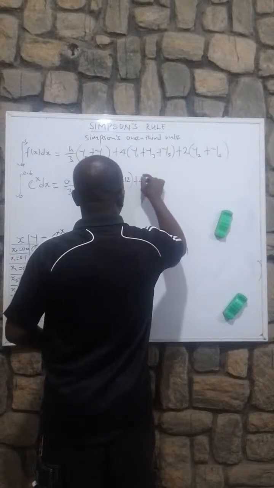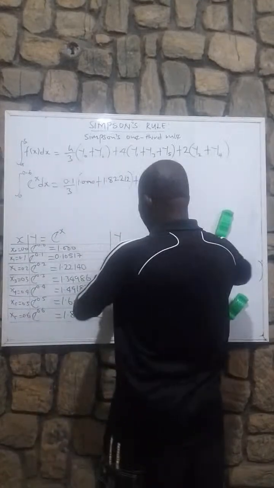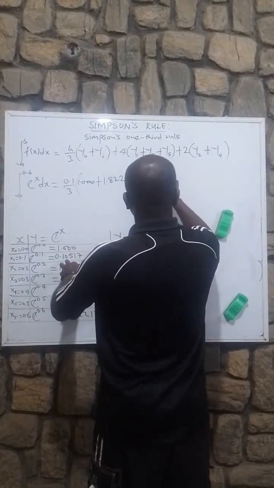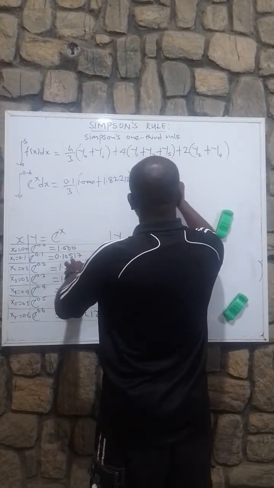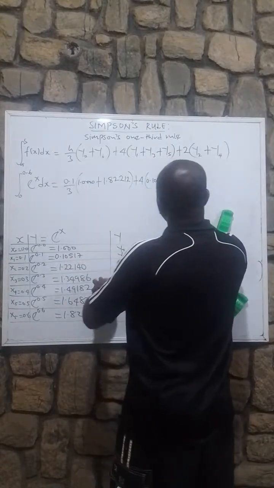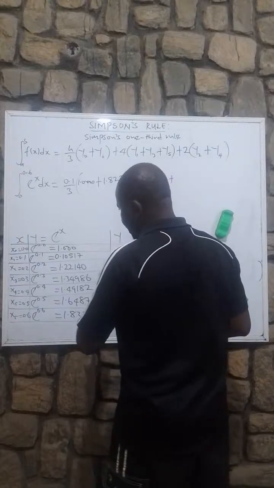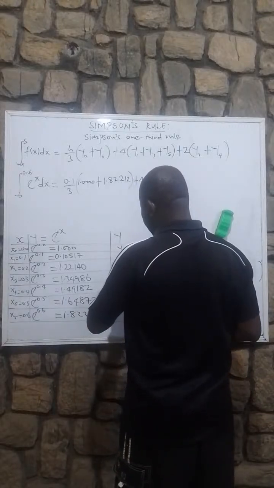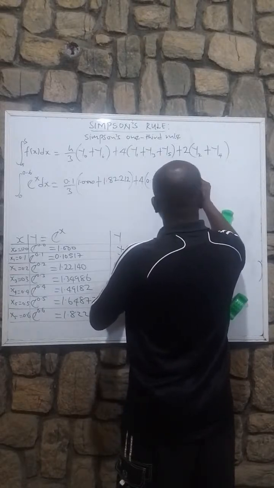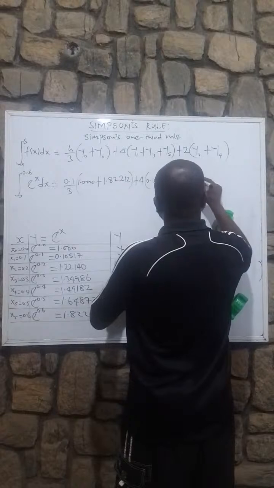Then plus 4 open bracket y1. y1 is 1.10517 plus y3. y3 is 1.34986.